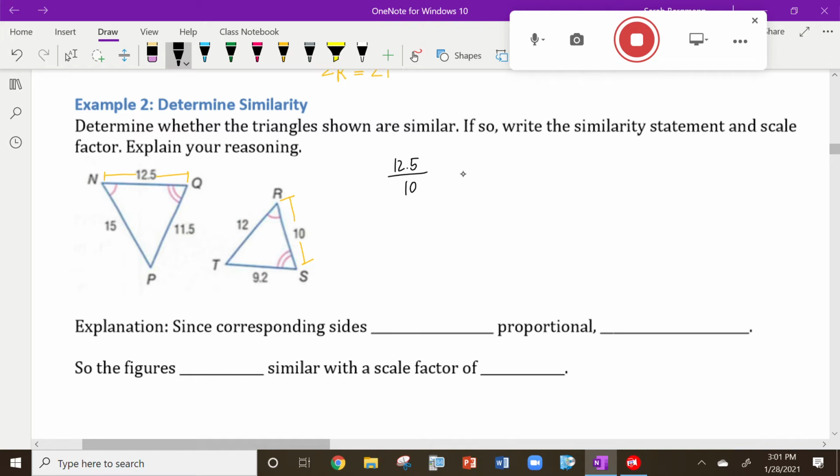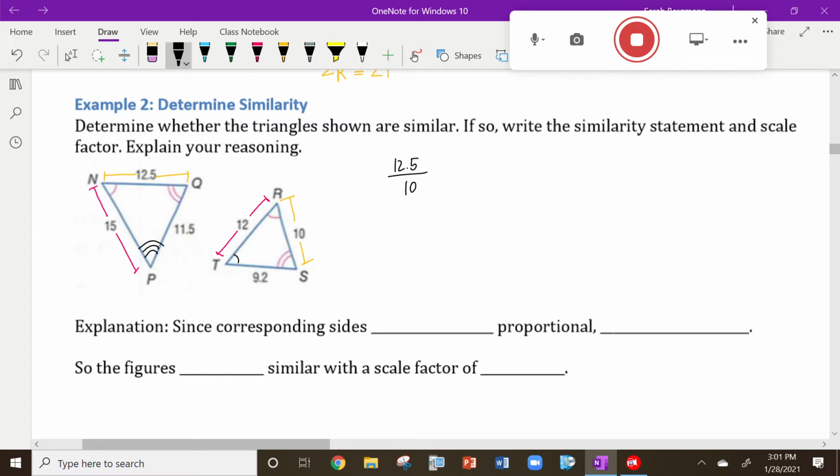Now I want to see, is that proportional to another pair of sides that I know are corresponding? I'll use this pair since I see this is not a decimal. NP corresponds to RT. I know that because N and R are congruent angles. That means that P and T must be congruent angles as well.